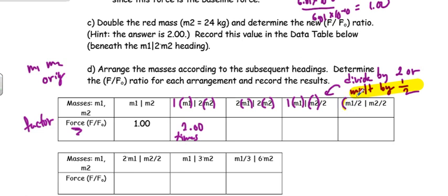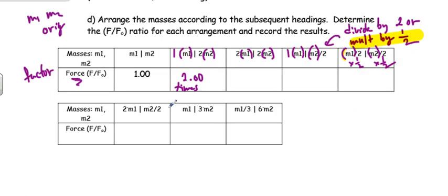So here I'm going to be multiplying by 1/2, multiplying by 1/2. And at the bottom one here, times by 2, times by 1/2. Over here, times by 1, times by 3.